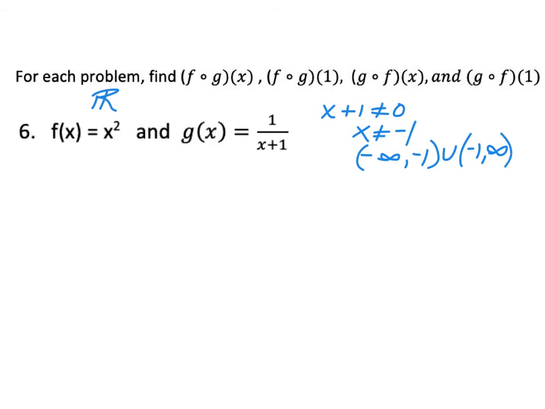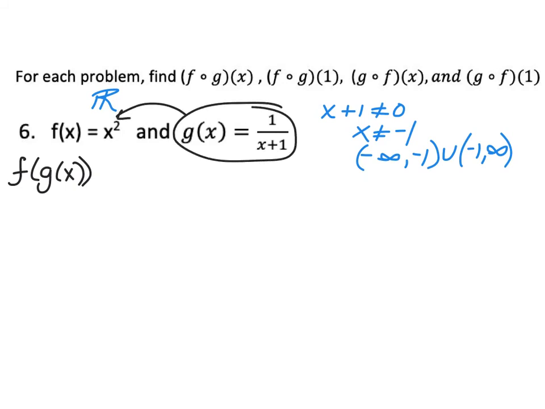Okay, now let's actually do our compositions and see if we need to find any new restrictions. So we're going to begin by doing f of g of x, which means I'm taking g of x and plugging it into this.